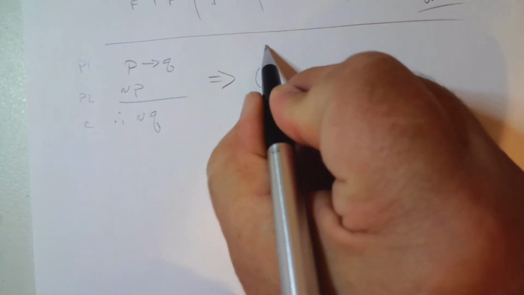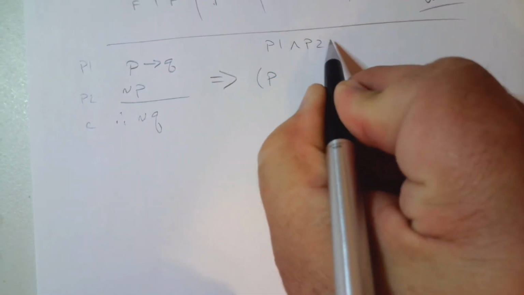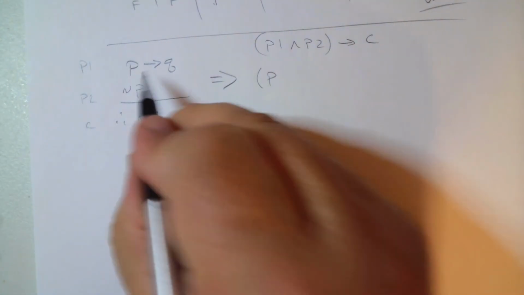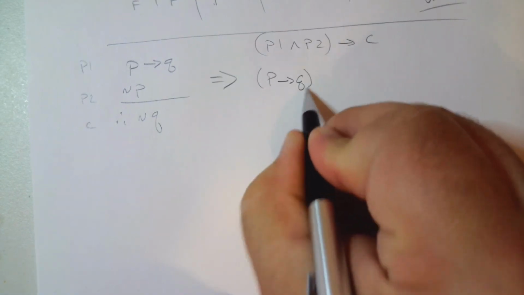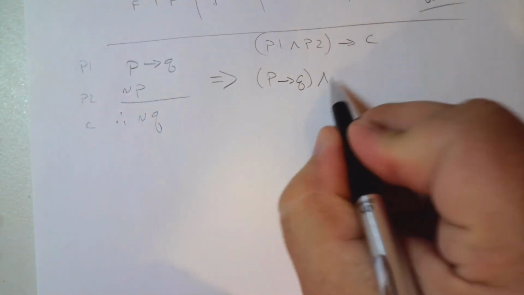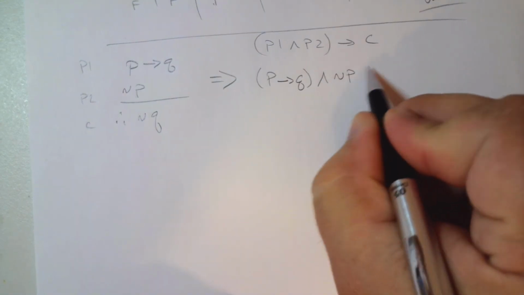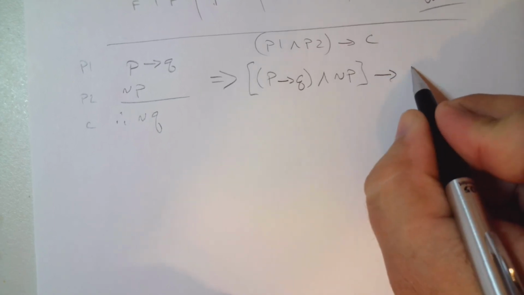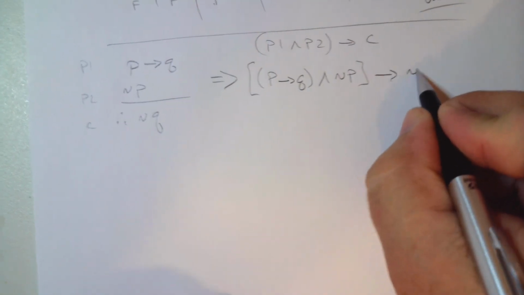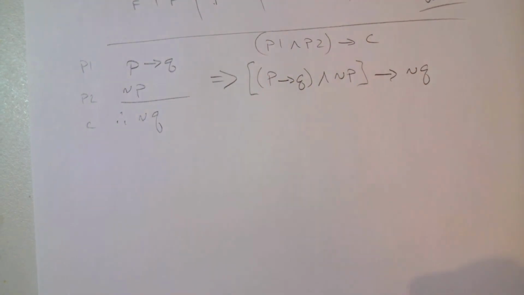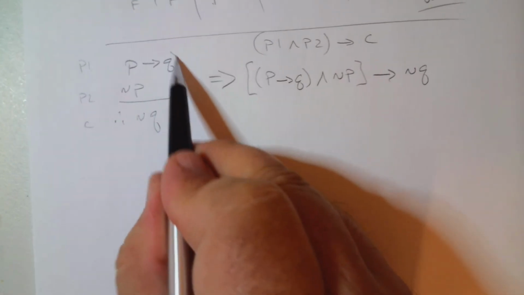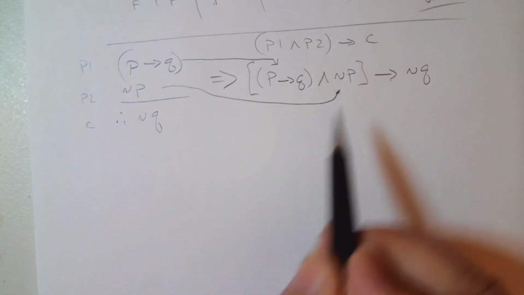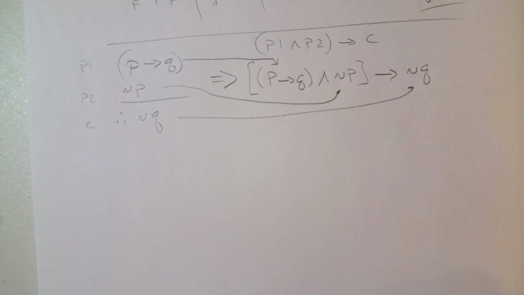So premise 1 and premise 2, and see if it reaches the conclusion. So premise 1 is if P then Q and not P. We have to do all that first. If all that, then not Q. So you see here, that goes in there, that goes in there, and the conclusion goes at the end.